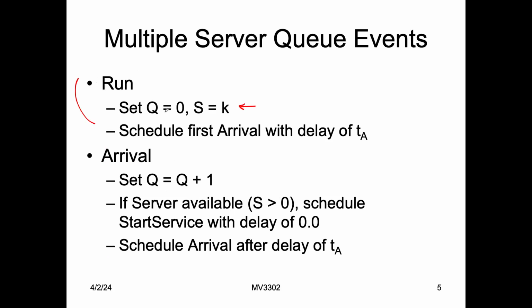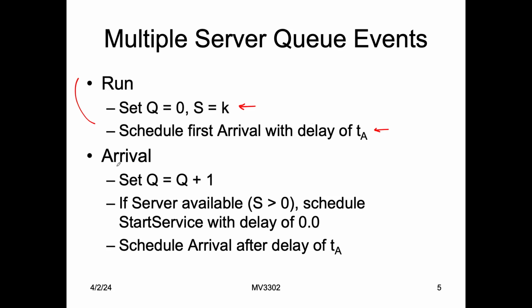Here I'm only going to initialize Q and S, and then L is going to be a derived state variable from those. So Q is 0, S is K. That's the state transition for the run event, the initial value. And like the arrival process, I'm going to schedule my first arrival with a delay of that inter-arrival time.